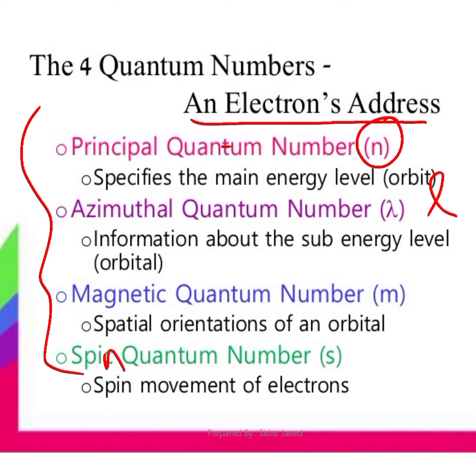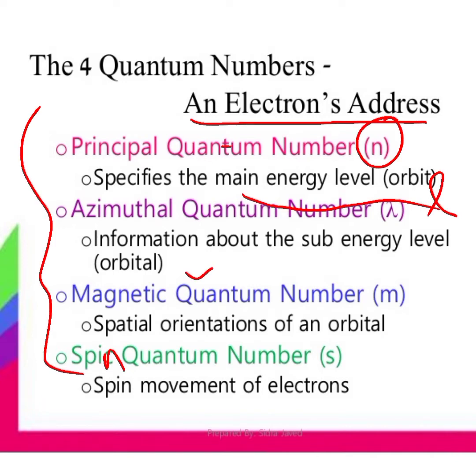Principal quantum number specifies the main energy level, that is our K shell, L shell, M shell and N shell. It represents the main energy level, that is the orbit. Azimuthal quantum number gives the information about the sub energy level, that is s, p, d and f, giving the idea of orbital.